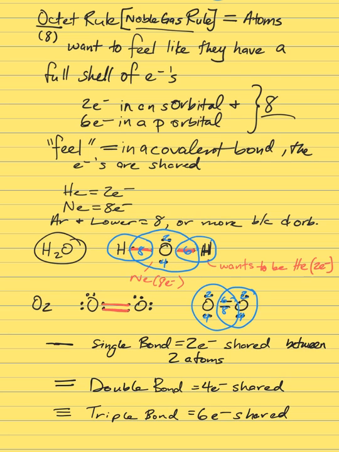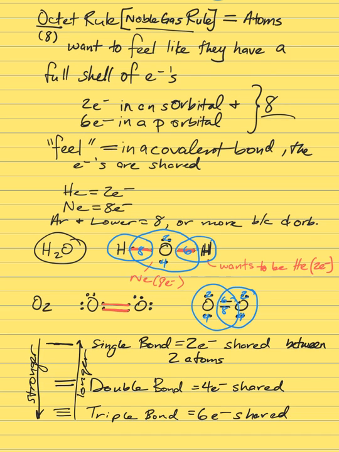As you go from a single bond to a double bond to a triple bond, the bonds get stronger, and they also get shorter, so the bond lengths decrease. Single bonds are the longest, triple bonds are the shortest. So they get stronger that way, but longer this way.